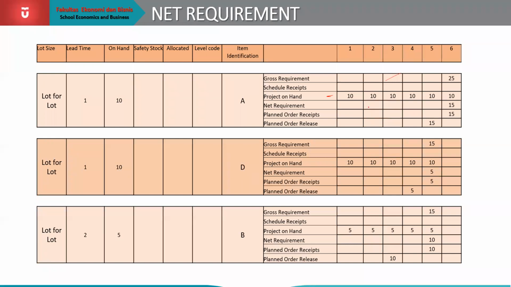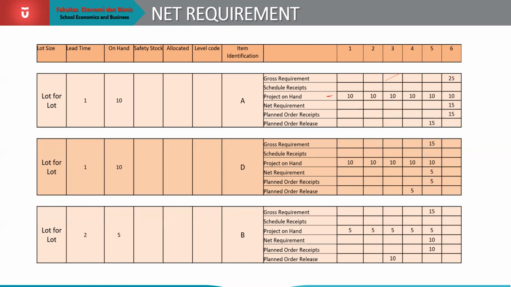So it means that during your process of producing these 25 office chairs, you already have a final product of office chairs, about 10 units. This is why the number 10 is written here from week 1 until week 5. And in week 6, this component, the 10 final products, is used to reduce the requirement.